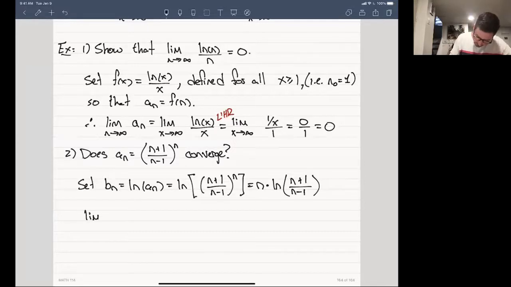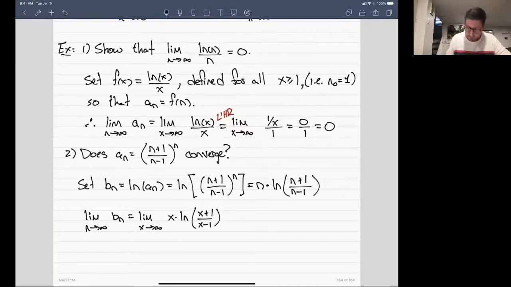So the limit as n goes to infinity of bn is equal to, in our case, the limit as x goes to infinity of x times ln of (x plus 1 over x minus 1).